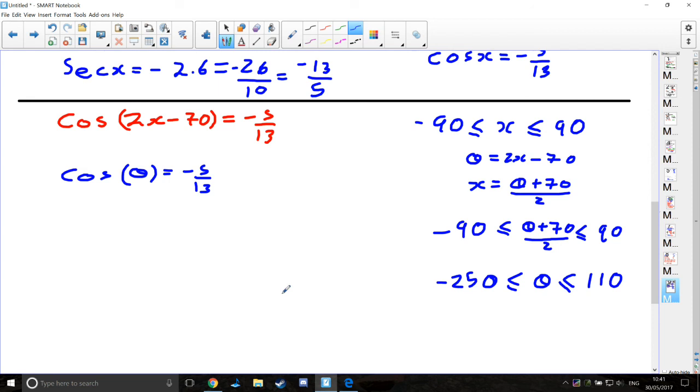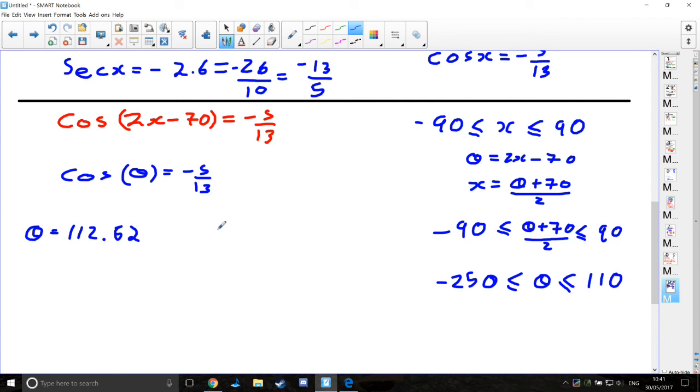Okay, so the solutions for this are now going to be inverse cos of negative 5/13, making sure that you're in degrees, and it gives you that. So theta is that from the calculator.